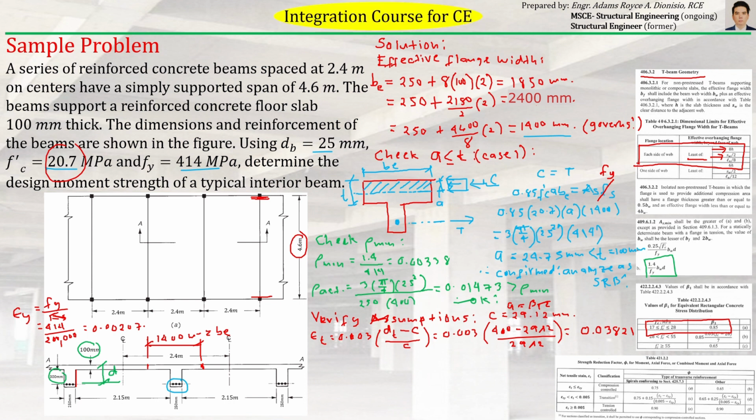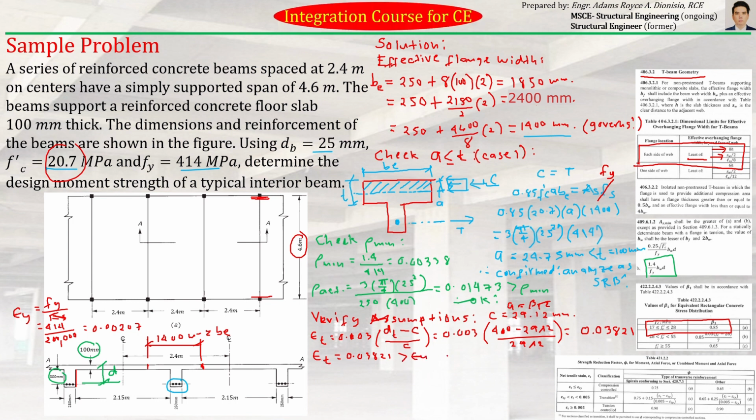Okay? So that will be our yield strain. So basically, if you will try to compare, yung na-compute natin na tensile strain, which is equal to 0.03821, is definitely greater than the yield strain, which is equal to 0.00207.